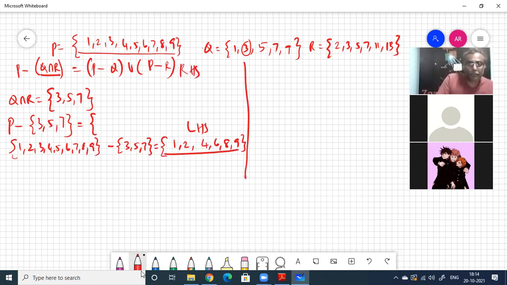Now first do P minus Q. What is P minus Q? 1, 2, 3, 4, 5, 6, 7, 8, 9 minus 1, 3, 5, 7, 9.